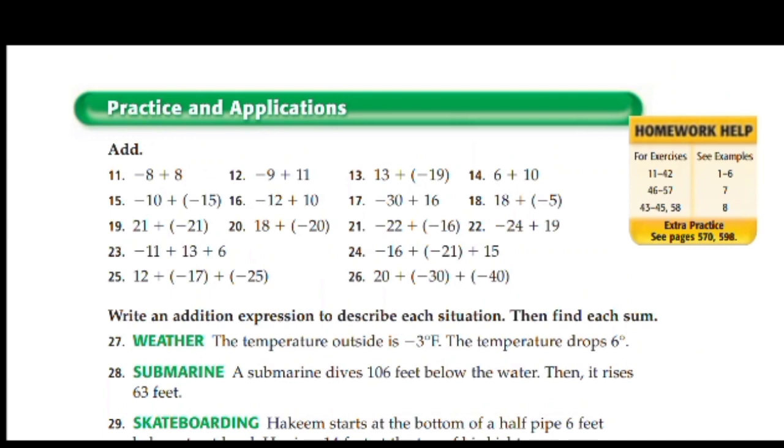24. Minus 16 plus minus 21 plus 15. 25. 11 plus minus 17 plus minus 25. 26. 20 plus minus 30 plus minus 40.